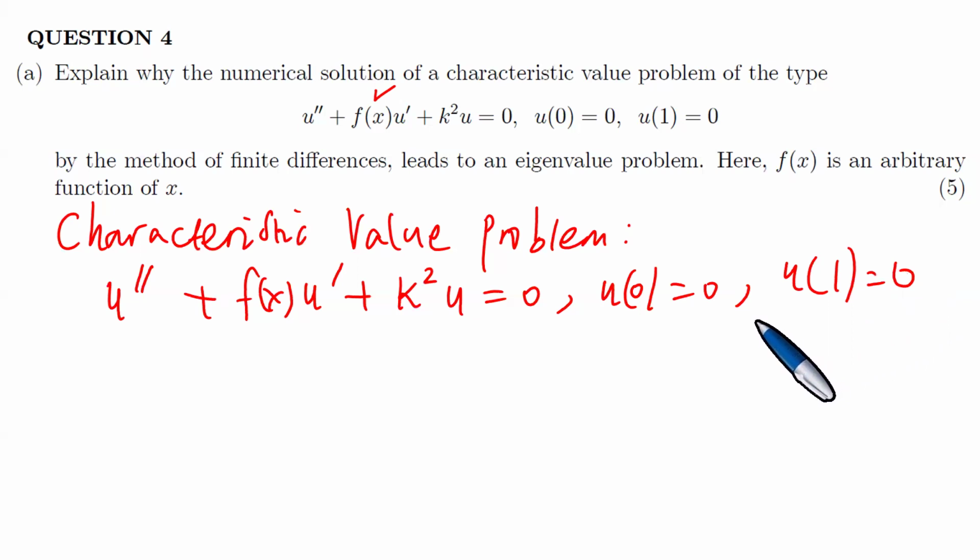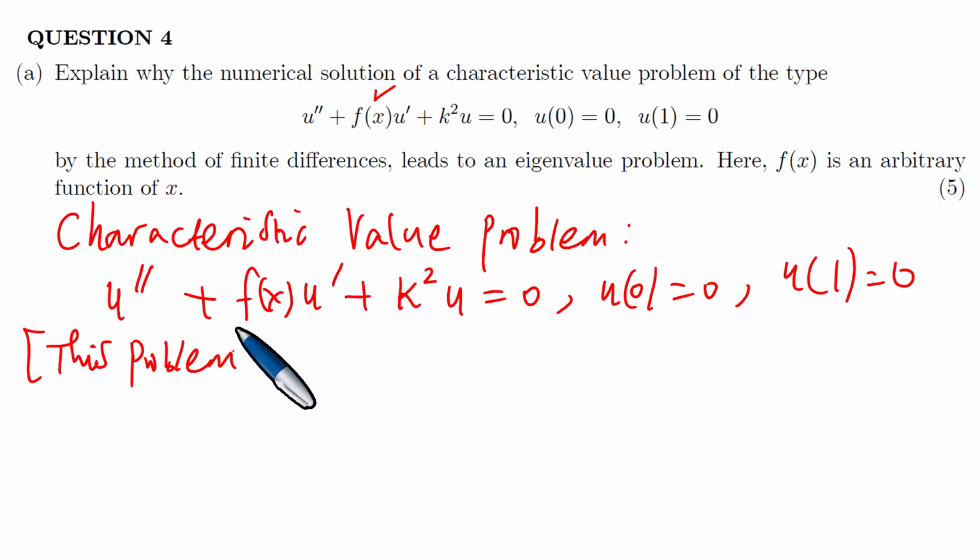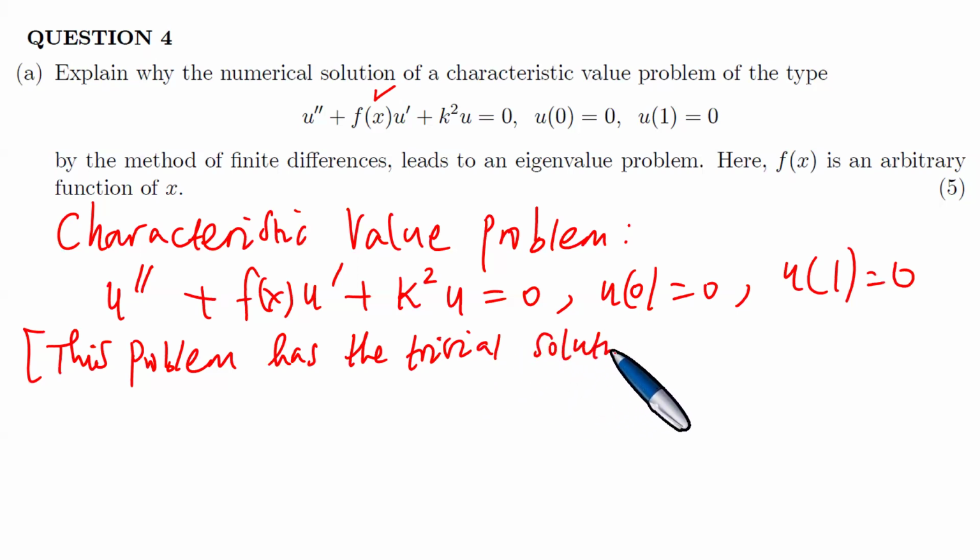To explain this in detail, we must take note of the following. In parentheses, we note that obviously this problem has the trivial solution where the function u becomes identically 0.